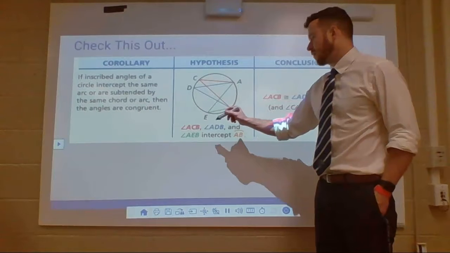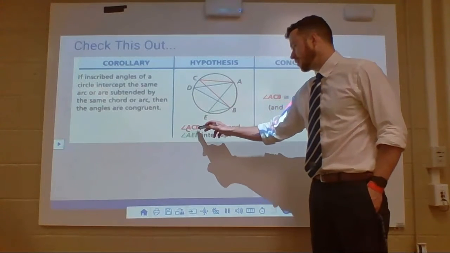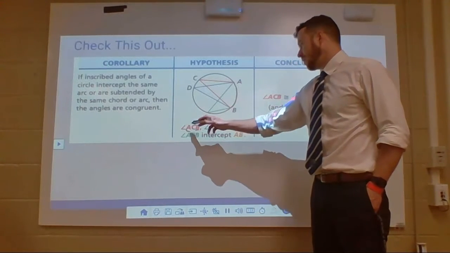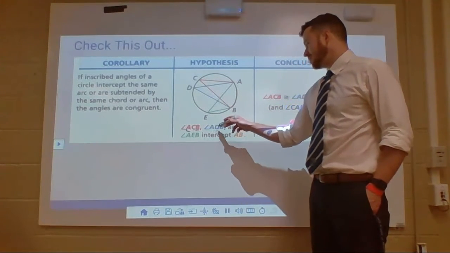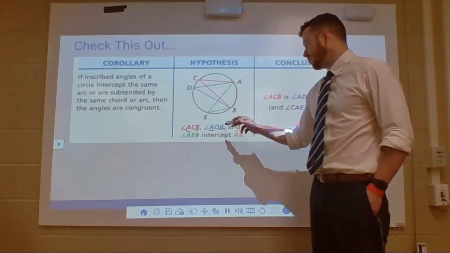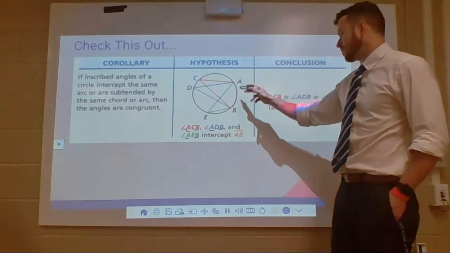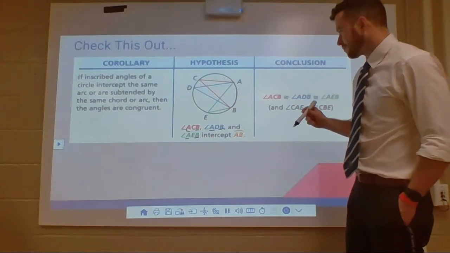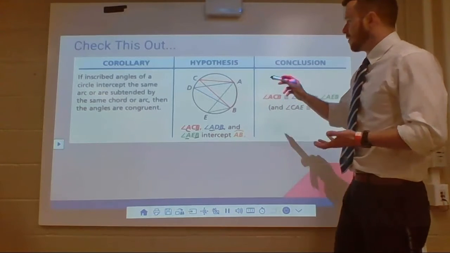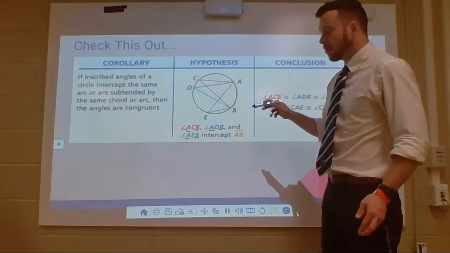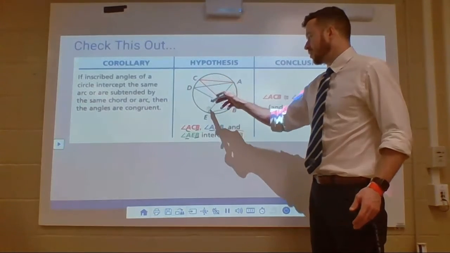And check this out. They all begin with A and end with B. ACB, ADB, AEB. They intersect this arc AB. So, if they all intersect that same arc, all these angles must be congruent.